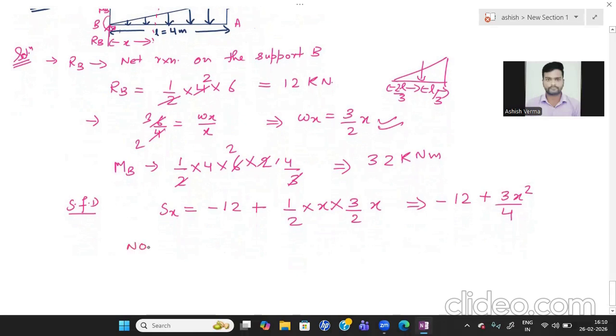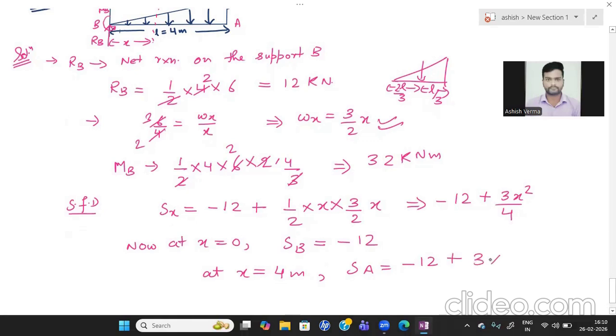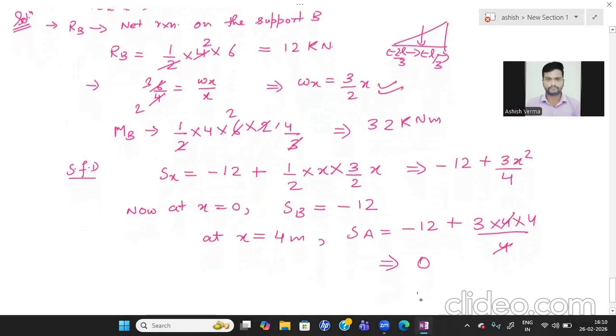Now at x is equal to 0, we can see that the shear force at point B is equal to minus 12, and at x is equal to 4 meters, the shear force will be equal to 0. Now let us check it by calculation. Minus 12 plus 3 into 4 into 4 divided by 3. So the net summation is equal to 0. Also note that at the free end, the shear force is 0.